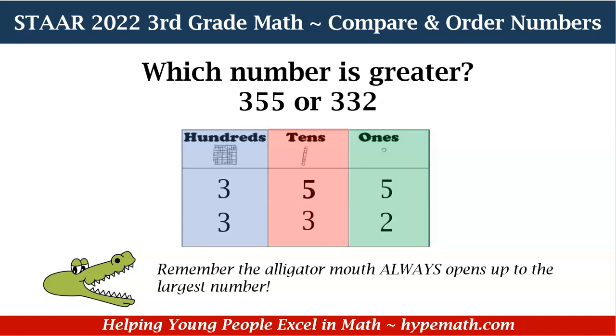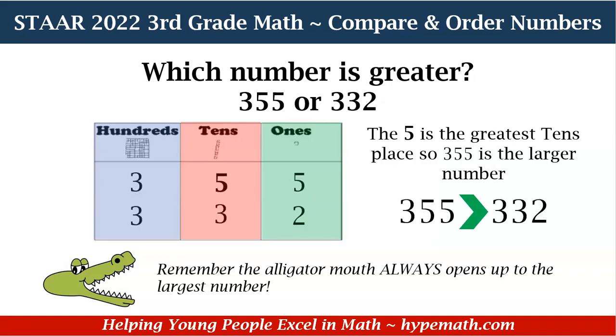So what is the greatest number between 5 and 3? And that will be the number that is greater. If you said 355, you are right. And always remember that the alligator mouth always opens up to the largest number. Let's try one more example.